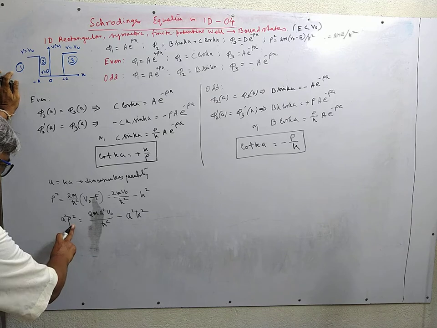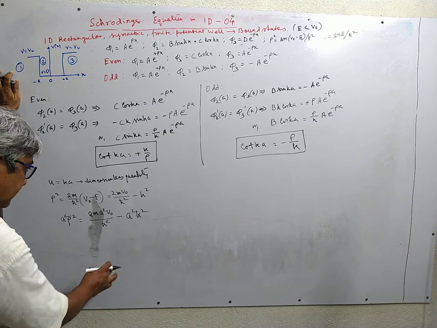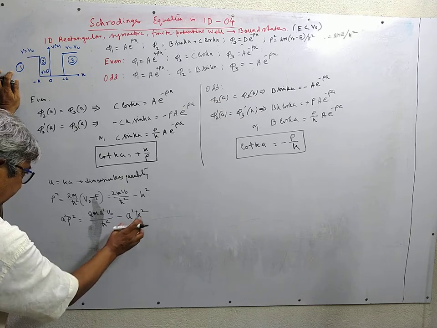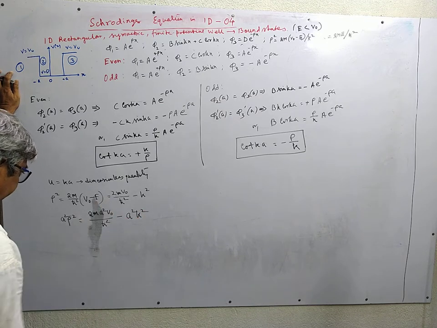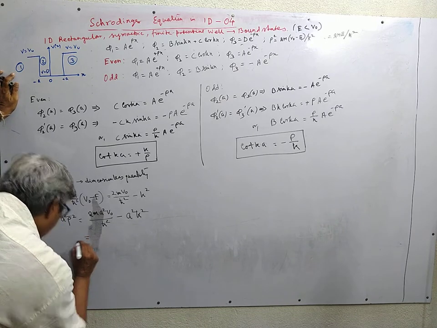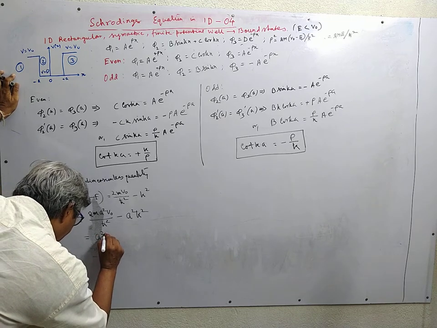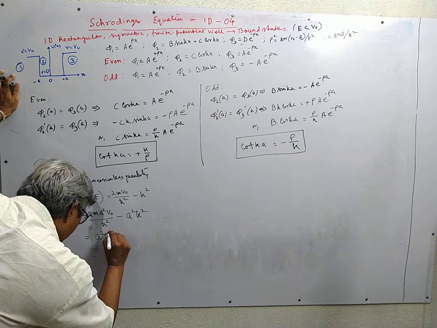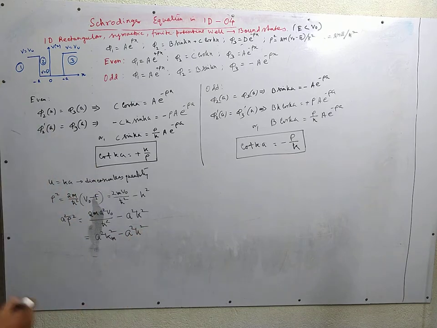Since rho is a real quantity, the maximum value of k square is given by 2mV0 by h bar square. In that case, we write it as a square km square minus a square k square.